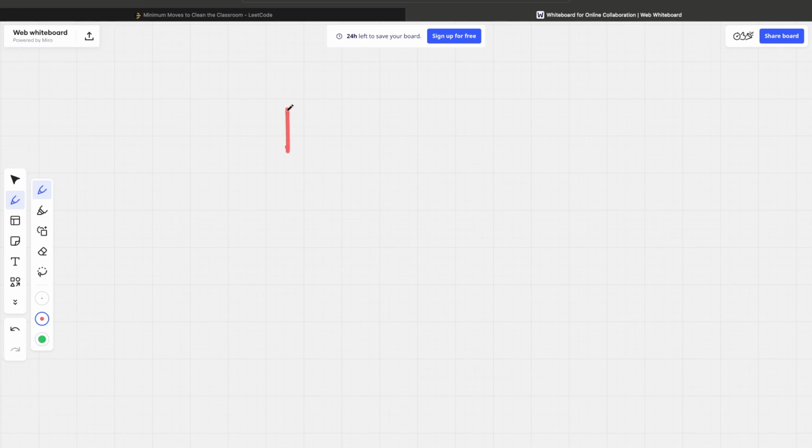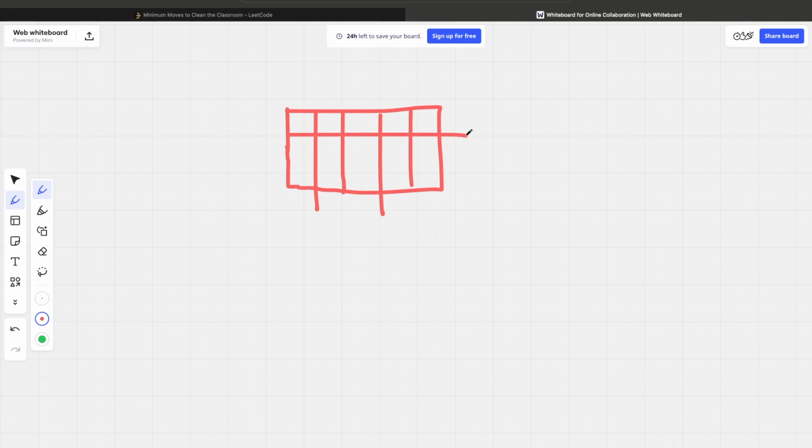So let's say we are given a grid, assume it like an M cross N grid. Let's consider this as M, this as N. This is an M cross N grid, and this is the starting point. Then we have dots, which are the empty spaces. Let's consider this as a block.